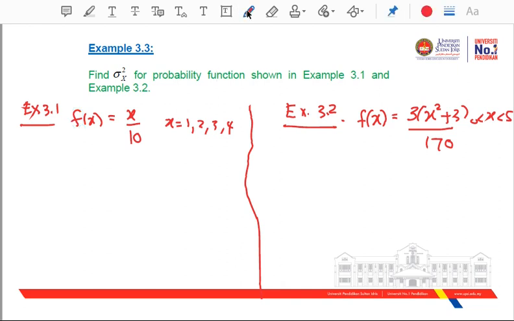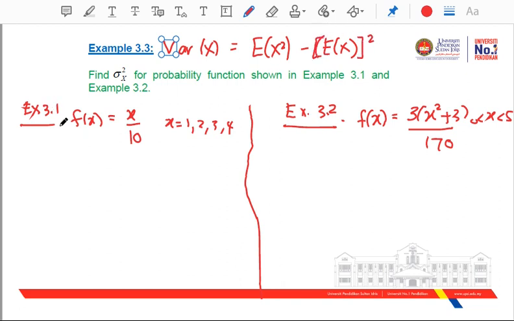So this is the question, and for this part, they ask you to find the variance. So remember the formula of variance? Variance of x is equal to E(x squared) minus mean squared. Okay, so this is the formula.